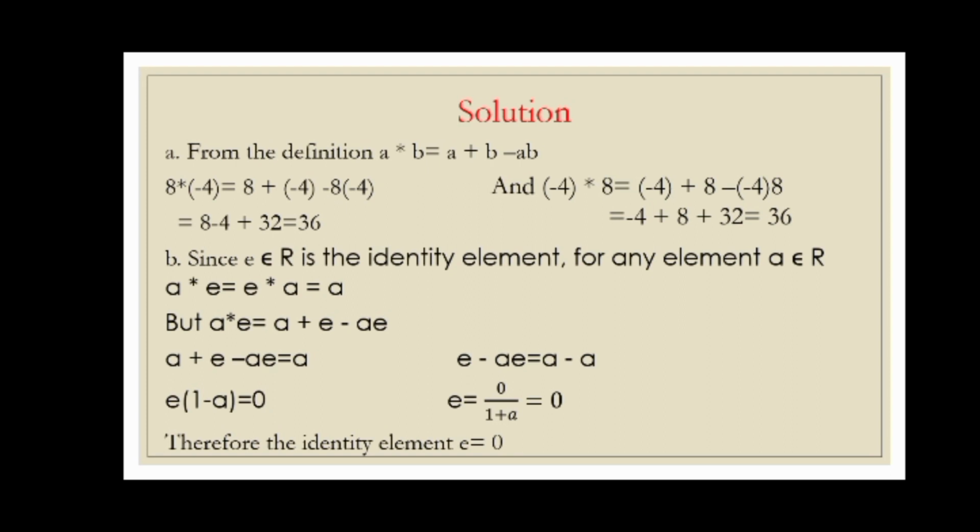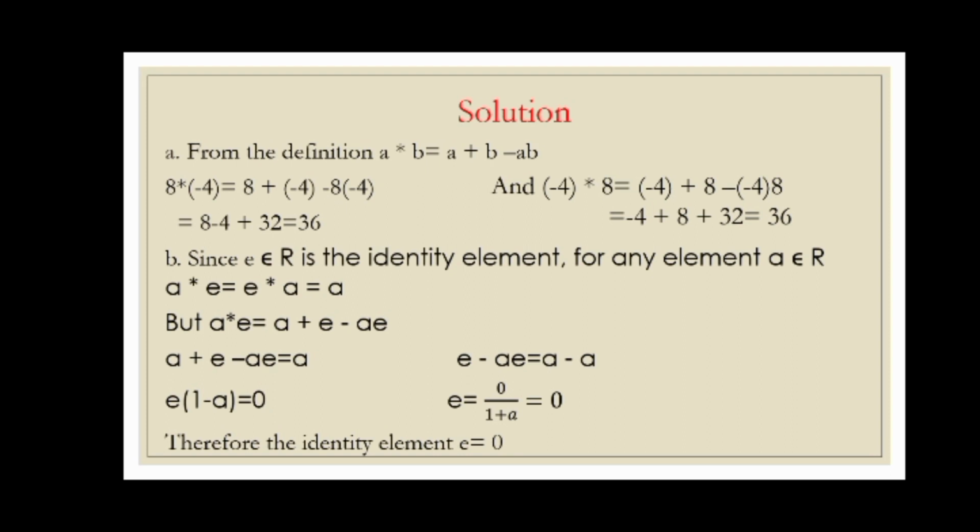But A star E, from the definition given, A plus B minus AB, let's substitute it. We have A plus E. This time we are saying A star E, so not A star B. So A star E is equal to A plus E minus AE. I hope you are getting it. So let's move the A on our left hand side to the right hand side to subtract.